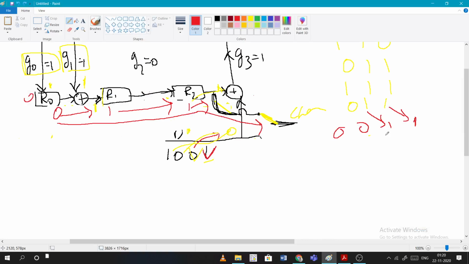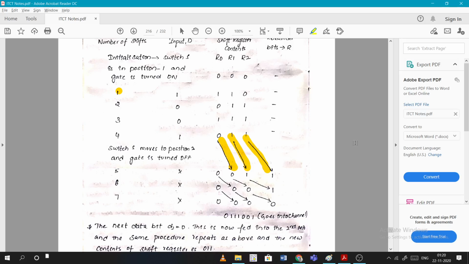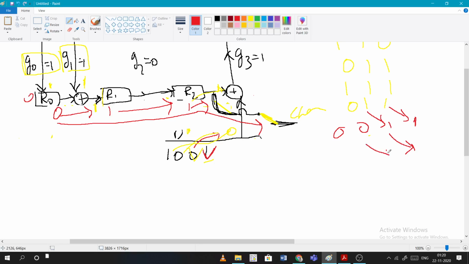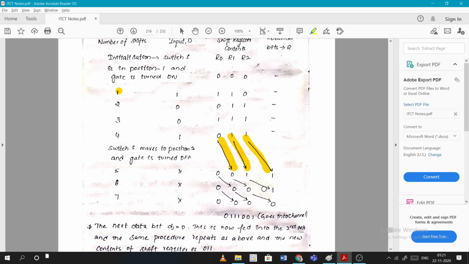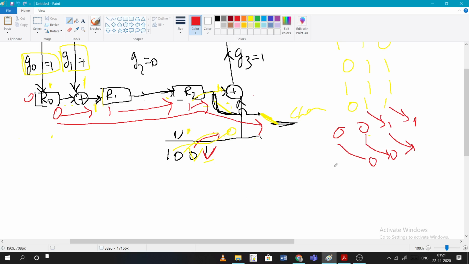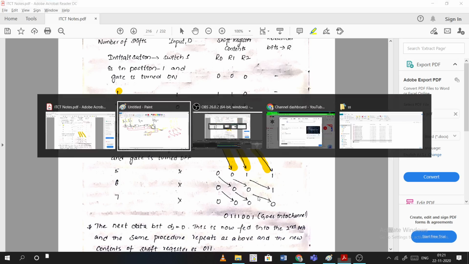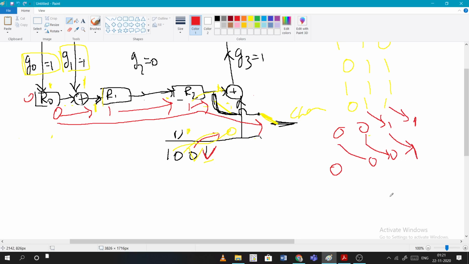So basically this will be sent here, this will be sent here, this will be sent here. In the same way again all those bits. So how many registers? 3 registers, so there will be extra 3 rows, 3 times you need to shift them.